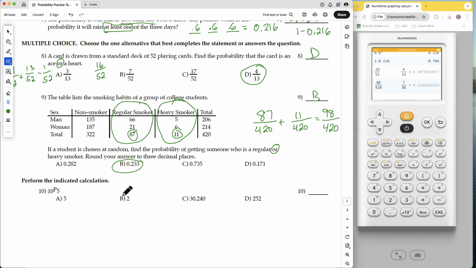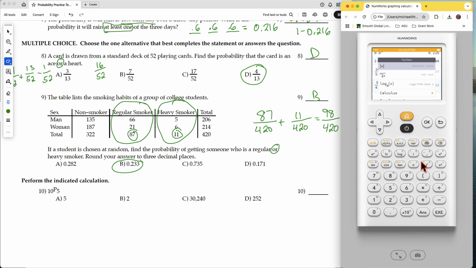Perform the indicated calculation. So in this one, we want to do a permutation. We hit the toolbox, go down to probability, we go over to combinatorics, we hit OK, and we want a permutation.